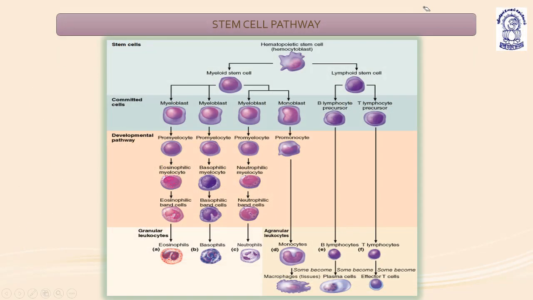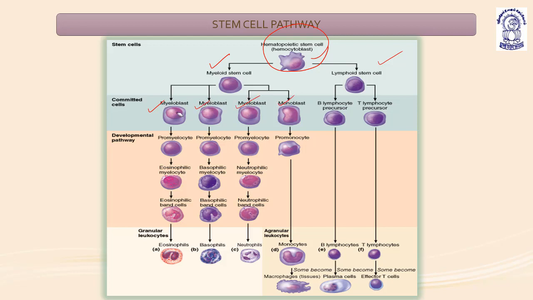Now, this is the stem cell pathway. This is the hematopoietic stem cell or hemocytoblast, which differentiates to form myeloid stem cell and lymphoid stem cell. Myeloid stem cell further forms myeloblast and monoblast.